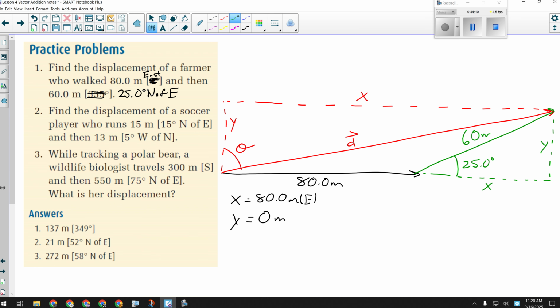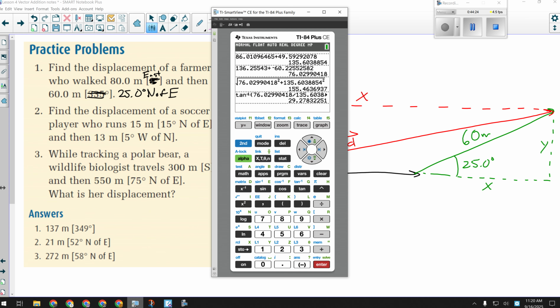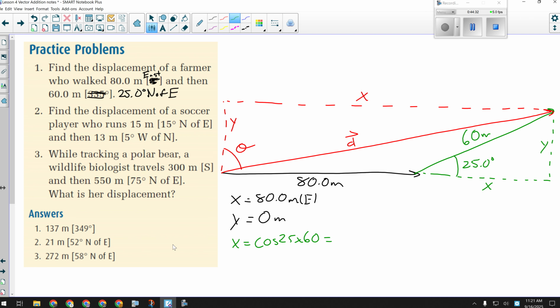Then we got to do the green triangle. This will involve some trigonometry. X is adjacent to the 25-degree angle, so that'll be the cos of 25 degrees times 60 meters. Cos of 25 times 60, so that side's 54.378 meters east.